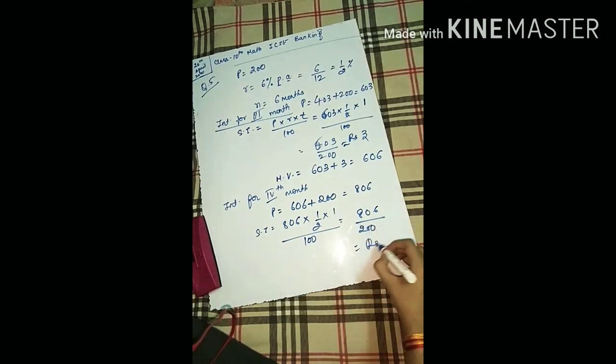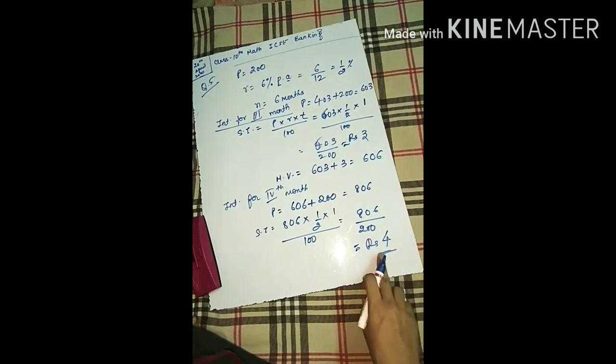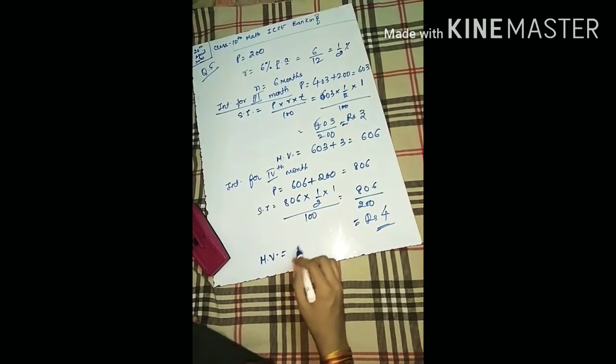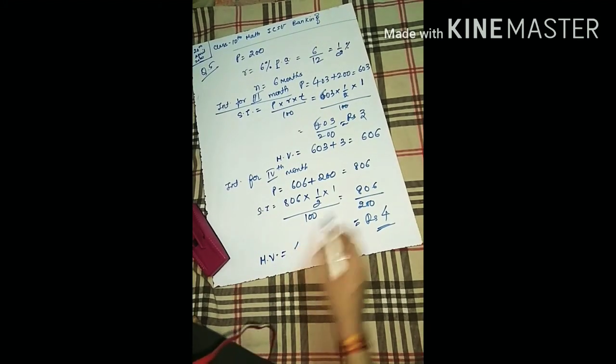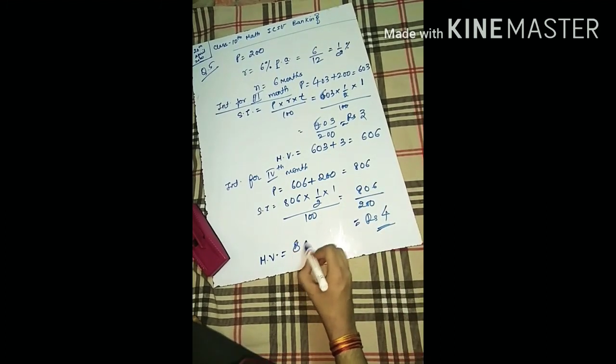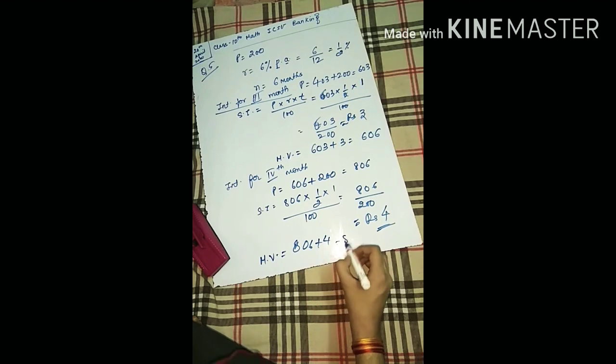This will give you somewhere rupees 4. Okay, then this 4 will be added. So what will be the maturity value after the fourth month? This will be 806 plus 4. This will give you rupees 810.